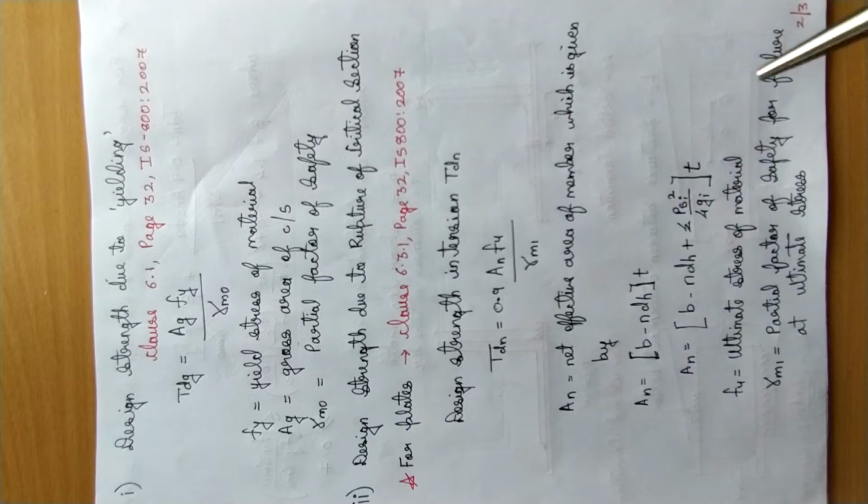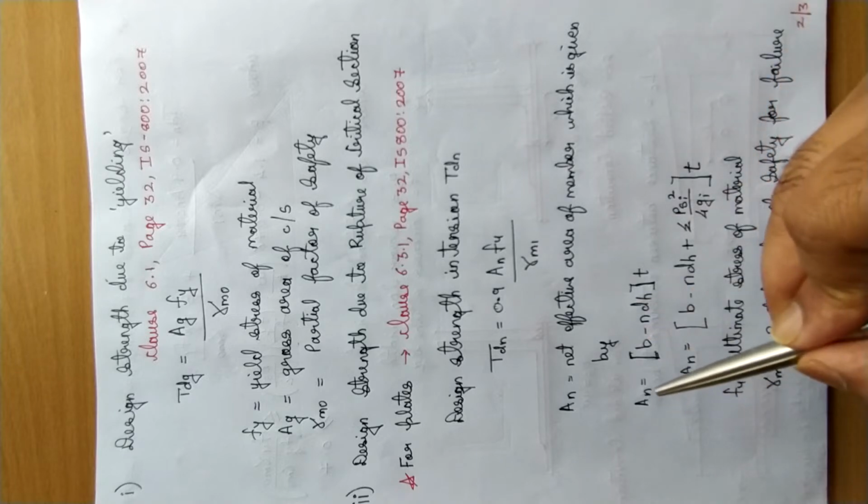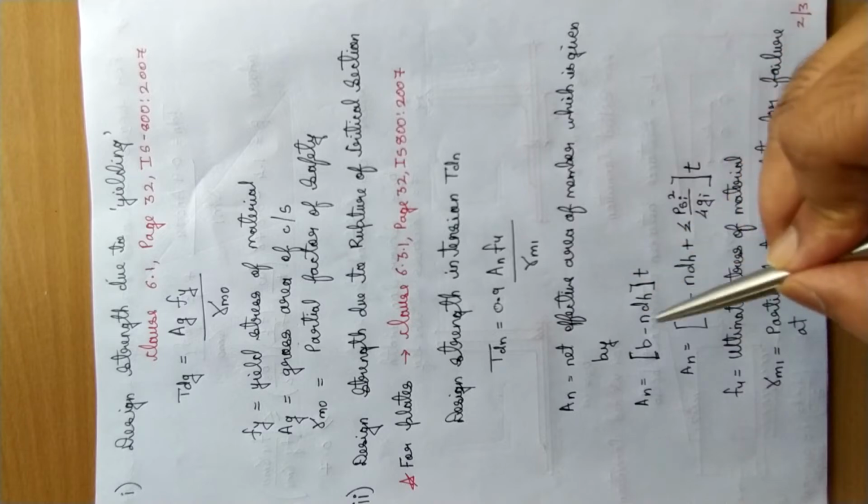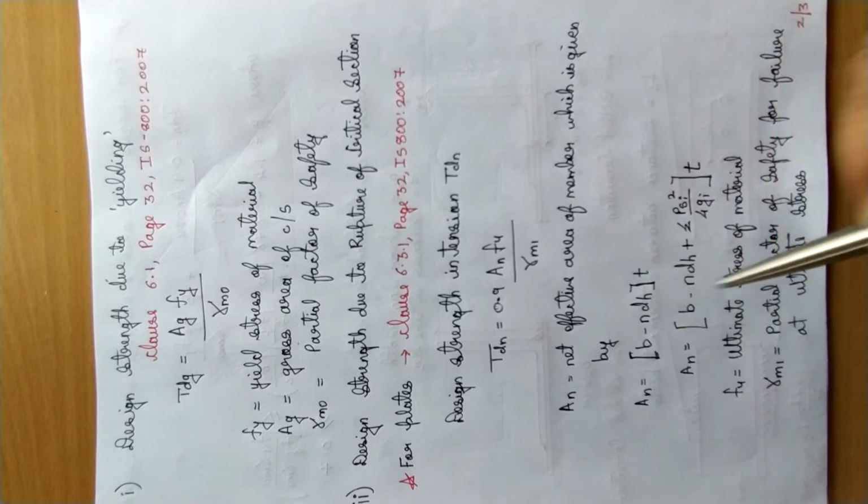How to calculate it? There are two cases depending upon the bolting system. If the bolting is chain bolting, there is one calculation, and if the bolting is by staggering or diamond pitching with staggered pitches, there is a different formula. Formula 1: An equal to b minus n dh into t, for chain bolting.